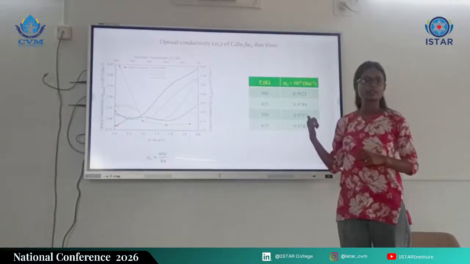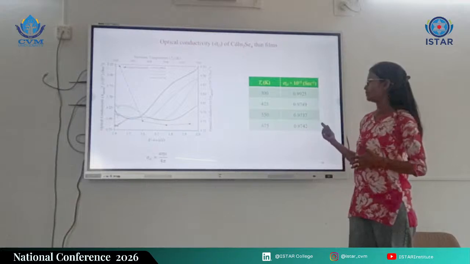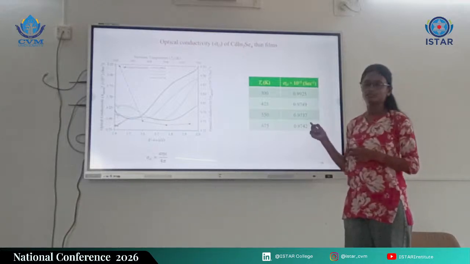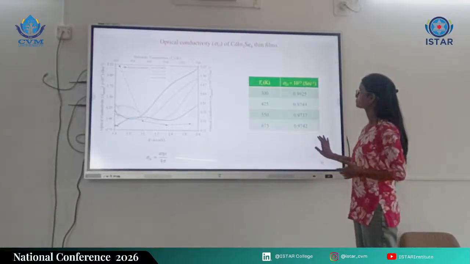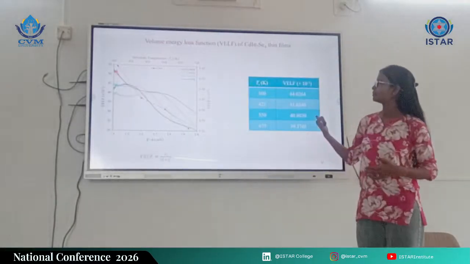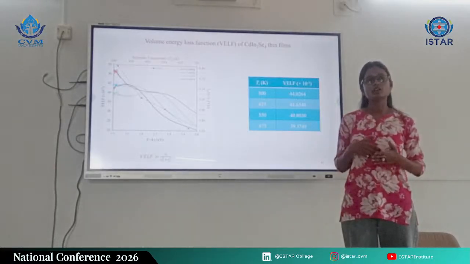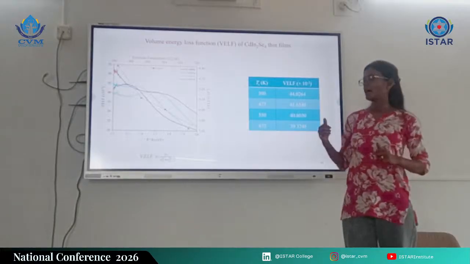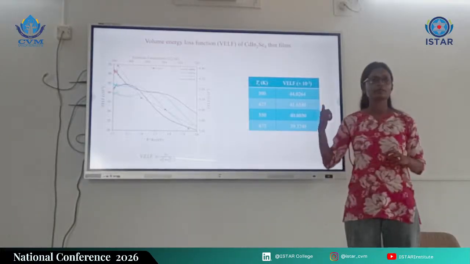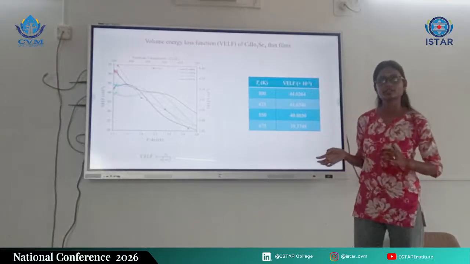Optical conductivity: variation in optical conductivity shows that there is direct electronic transition. Well, that is the volume energy loss function. It represents energy loss of moving electrons within the bulk material, and its variation represents changes in electronic structure.